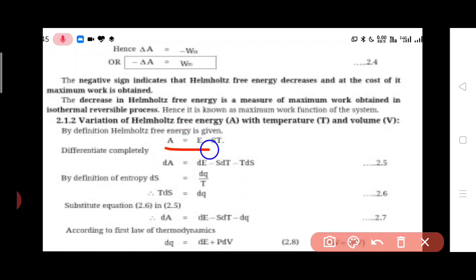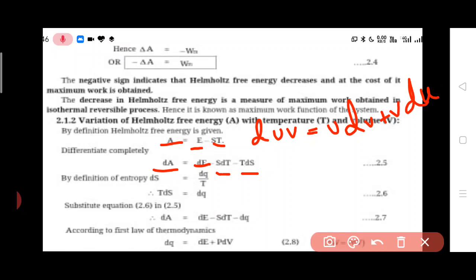If we differentiate this equation, if we take the derivative, you will get the derivative of A as dA, the derivative of E as dE, and the derivative of S multiplied by T as S dT plus T dS. The derivative of U into V can be written as U dV plus V dU.